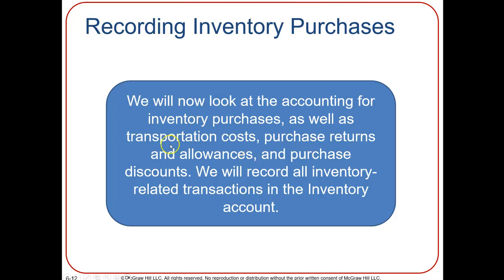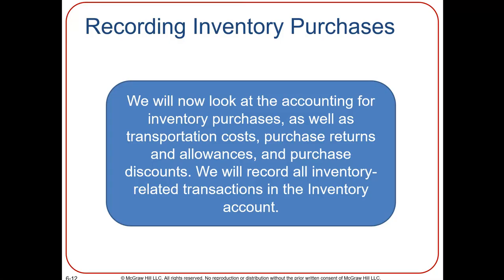Okay? Now, that's a return. An allowance would be something along the lines of, shirts came in, they were the wrong blue, but maybe they won't work for exactly what we thought we were going to use them for, but we're willing to keep these. We think our customers would buy these, even though it's a different color blue.